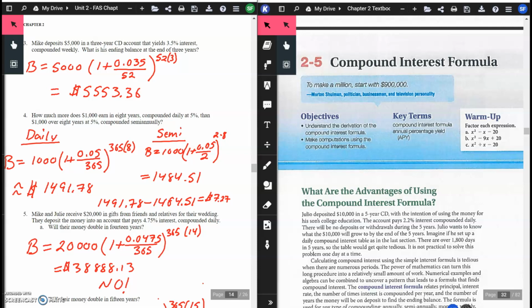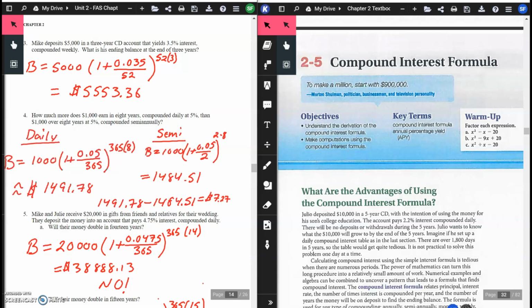Number 4, how much more does $1,000 earn in 8 years compounded daily at 5% than $1,000 over 8 years at 5% compounded semi-annually? The main formula is the same. You have 1,000 for your initial principal times 1 plus 5% as a decimal, 0.05. Daily would be divided by 365, raised to 365 times 8 for 8 years.